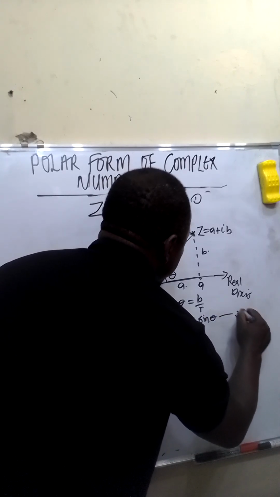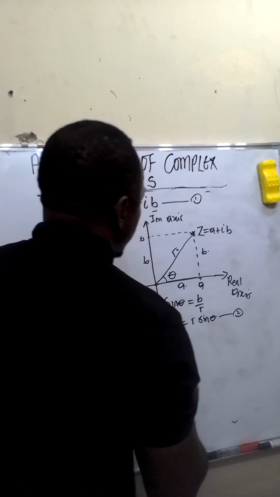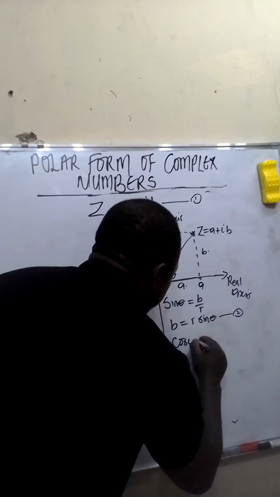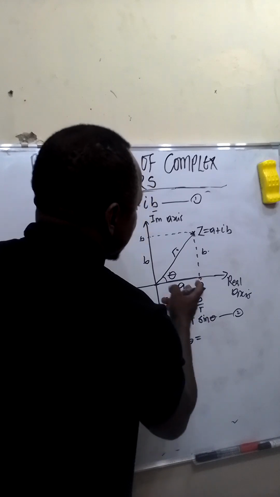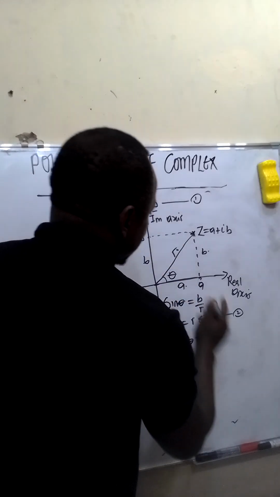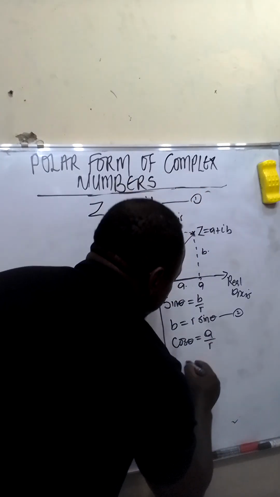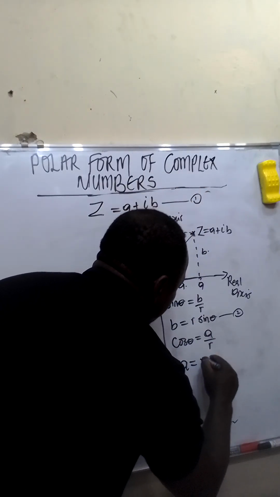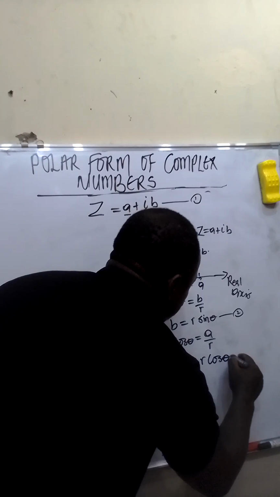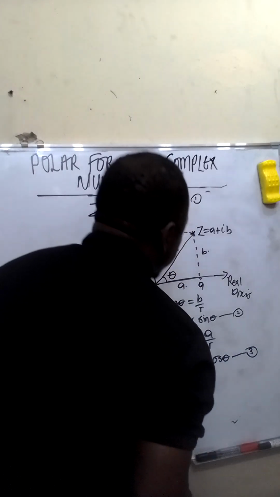Let's call this equation 2. Also, cos theta is equal to adjacent over hypotenuse. Our adjacent is A and our hypotenuse is R. If you cross multiply, A will be equal to R cos theta. Let's call this equation 3.